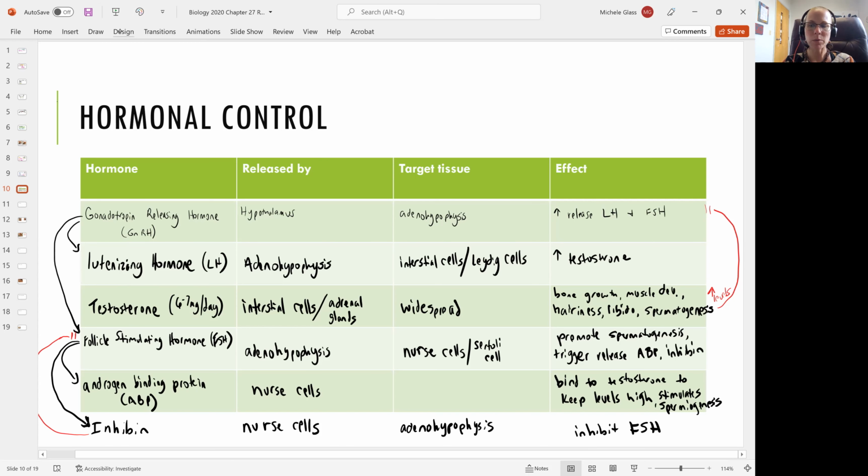So if you stop the production of the follicle stimulating hormone, then we're going to see that triggers a drop in the androgen binding protein. So our testosterone levels are going to be going down.